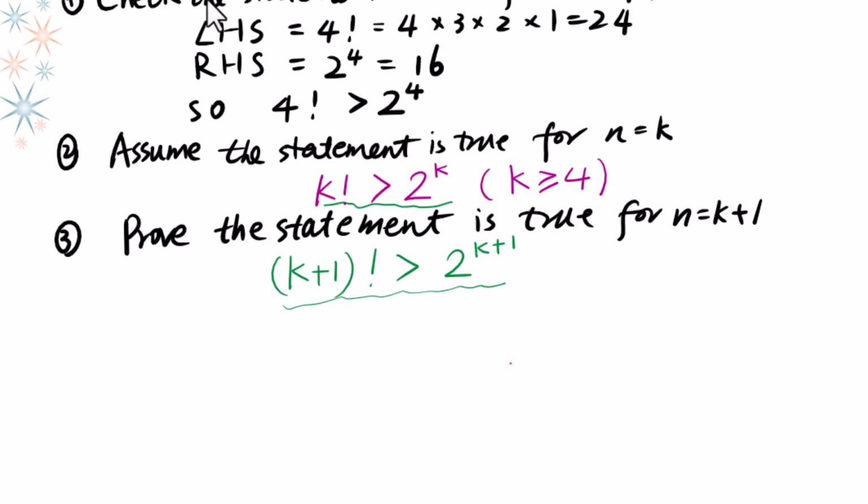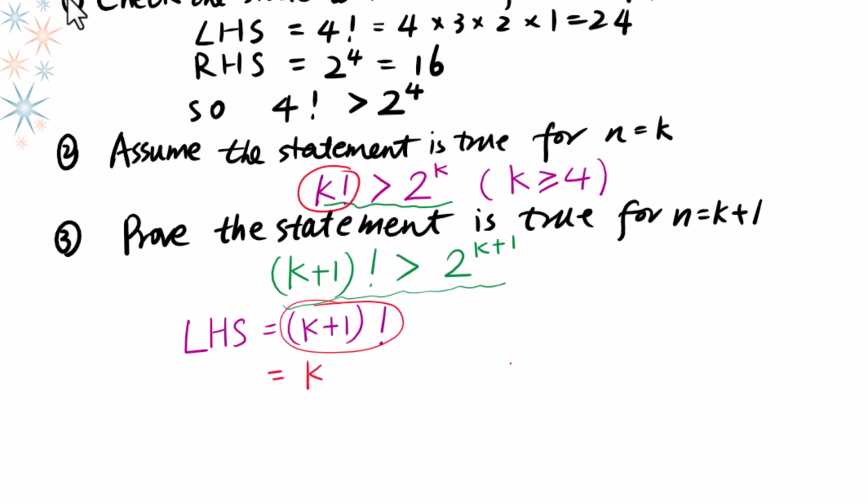Let's start with the left-hand side, which equals k plus 1 factorial. We need to set up the connection between k plus 1 factorial and k factorial. That is k factorial times k plus 1.